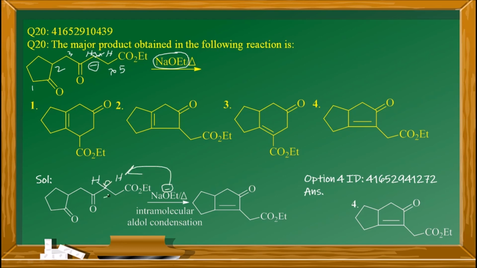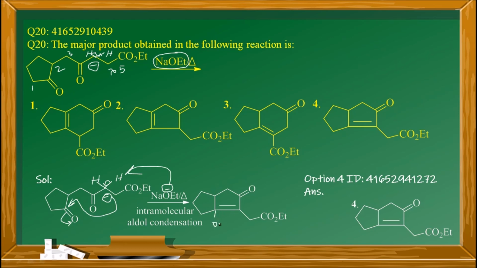It becomes a negative ion. This negative ion goes here and attacks here to make it an alcohol. So C-C bond formation takes place. There will be an alcohol.